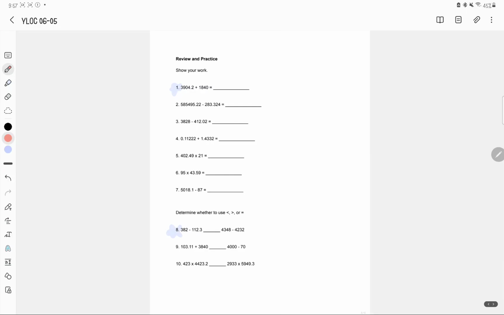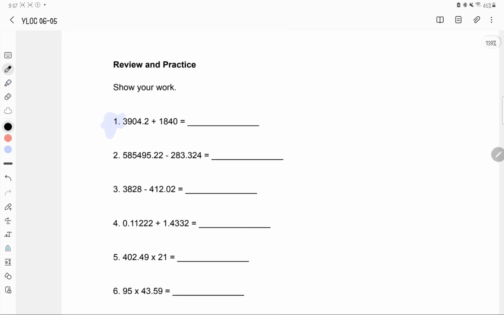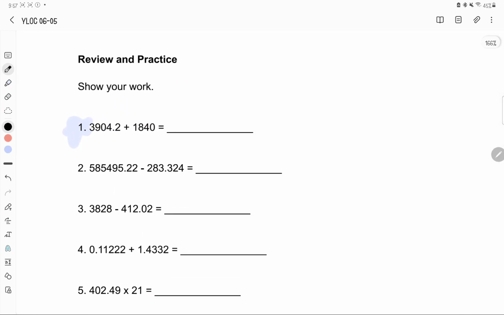Let's move on to review and practice. Show your work. In order to add decimals and whole numbers, you have to match the location of the decimal, right?